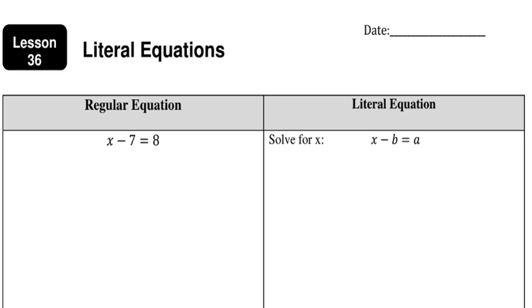So a regular equation, if you notice, right, there is most likely one variable. Now, in a literal equation, look at this one. There are no constants at all. So there are multiple variables.